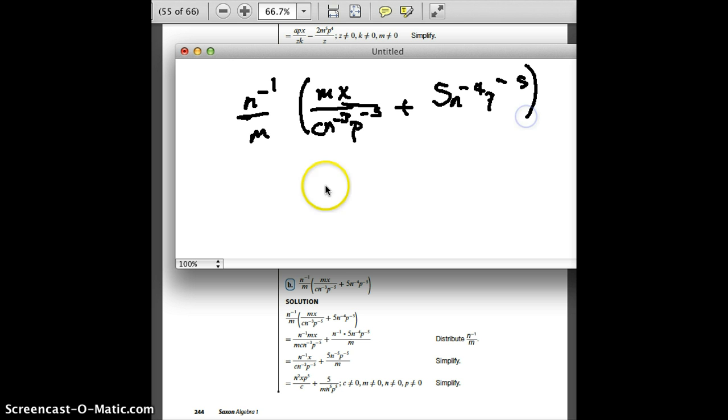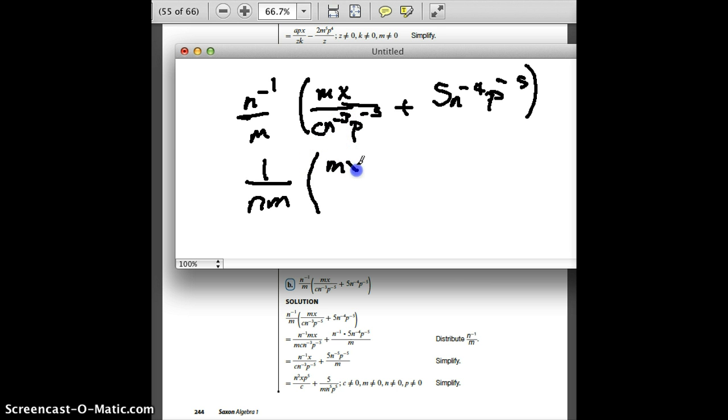And notice they are not moving the negatives first. I think it's easier just to go ahead and move them first and then multiply. So I'm going to move the n down below, because that's where it wants to go. If it's a negative exponent, it wants to switch positions. And then the n wants to go up top.